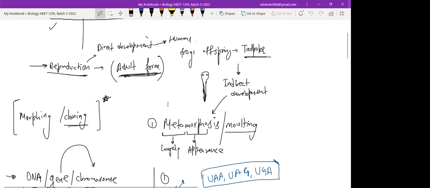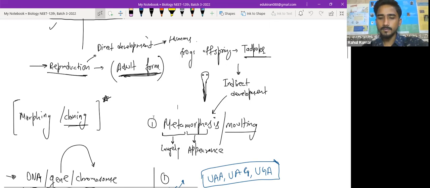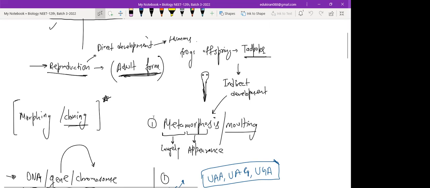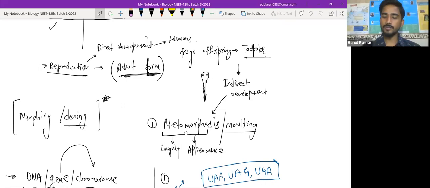I don't remember exactly. You don't remember? Okay, so who will help Arpit? It is having a large change in the appearance. Yes, a large transformation, appearance-wise transforming from something very different to something very different, right? And how would you link it with Alia's answer about indirect development?